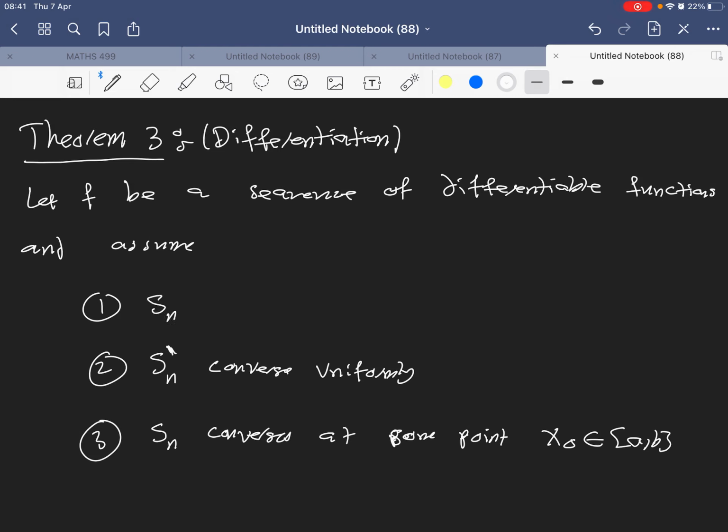And the third condition is Sn dash is Riemann integrable.